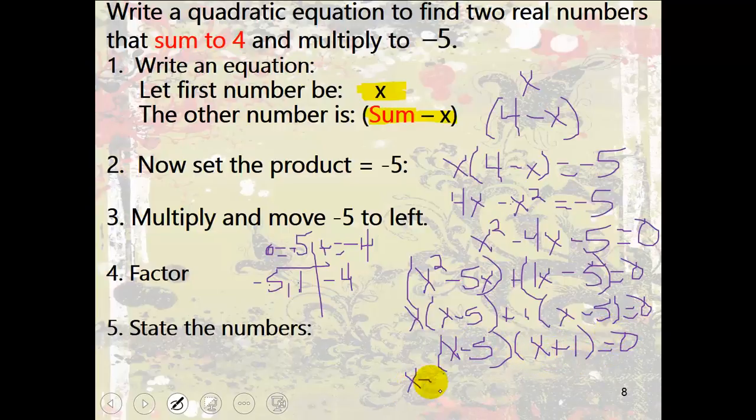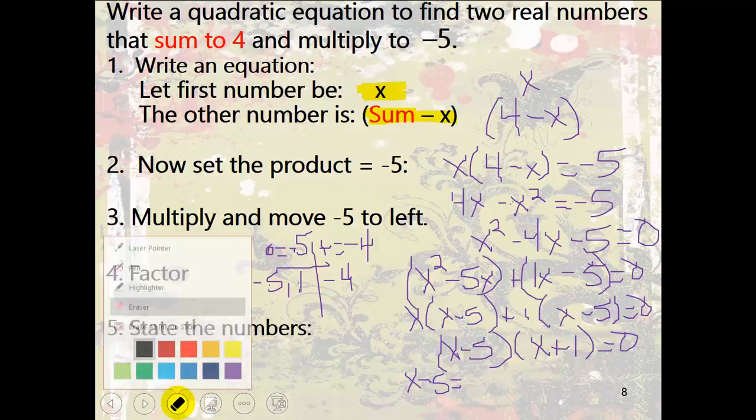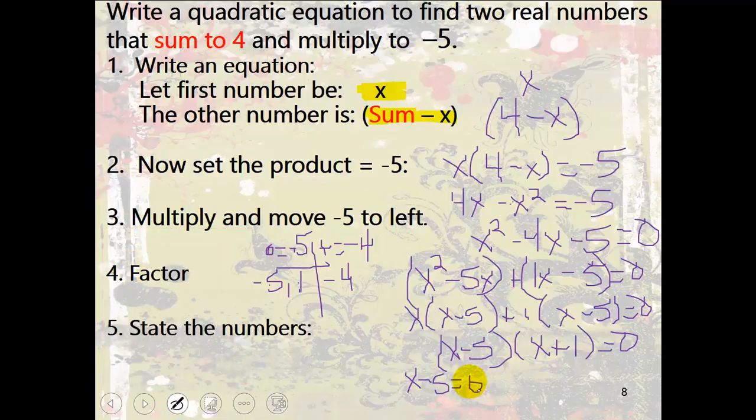This says x minus 5 equals 0. x plus 1 equals 0. So this means the number is 5, and -1. State the numbers, 5 and -1. Okay?